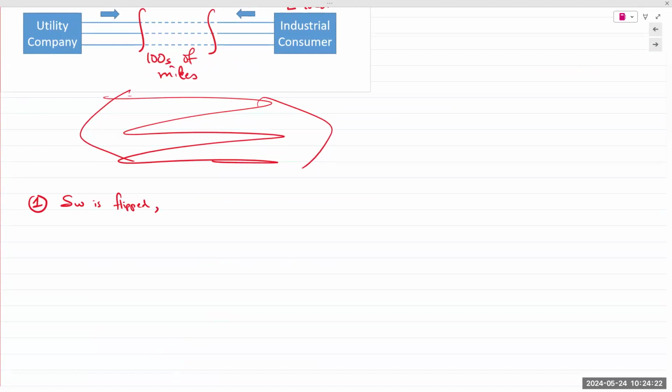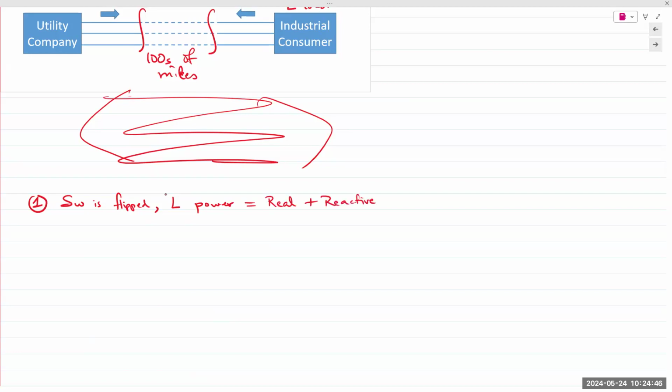So when it requires a certain amount of energy, the inductive load requires some power that is associated with this reactance. Some portion is used for the resistive, some portion is used for the reactive.